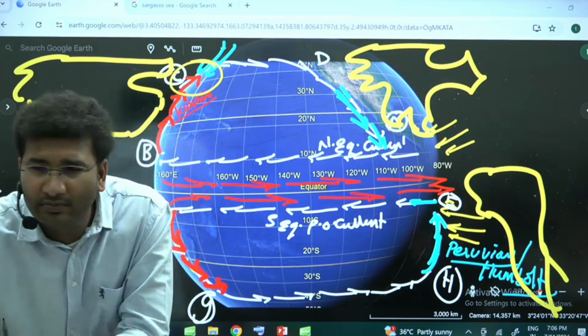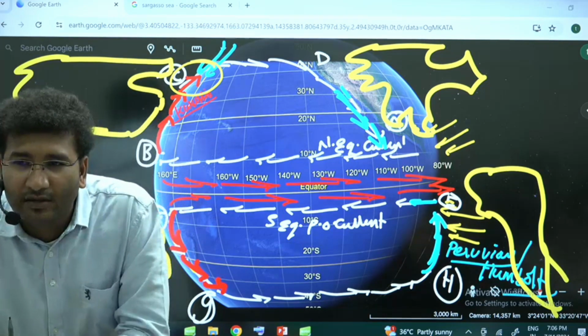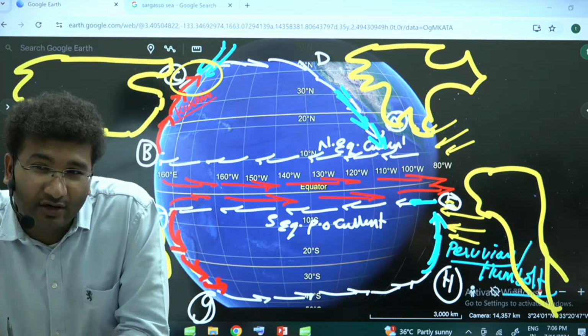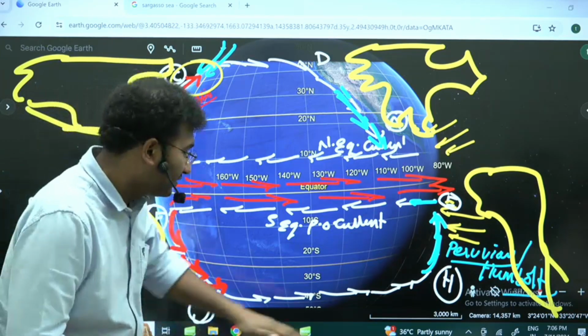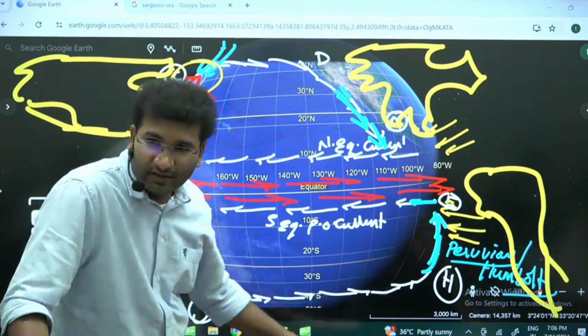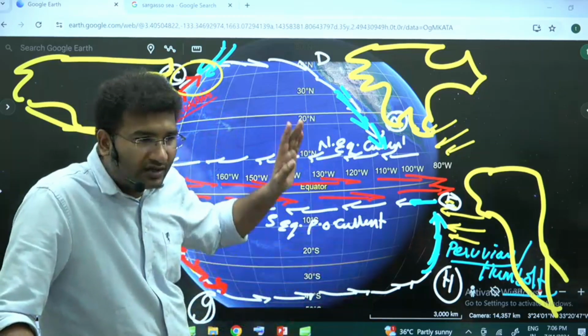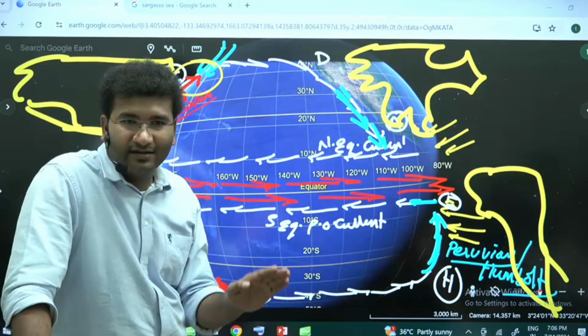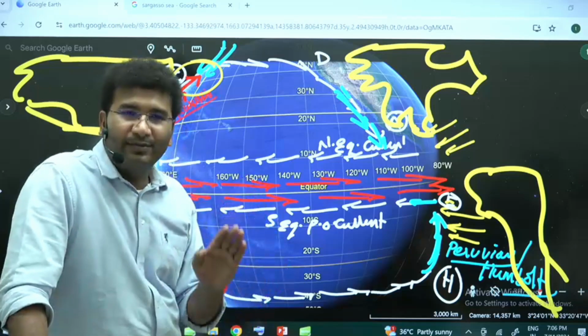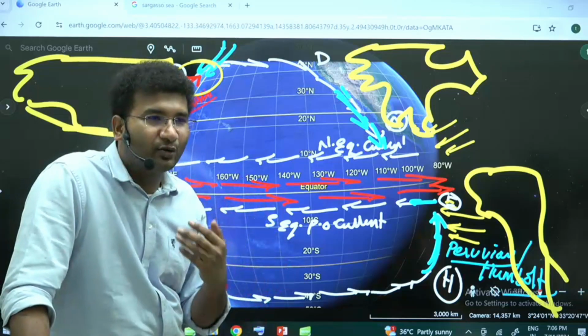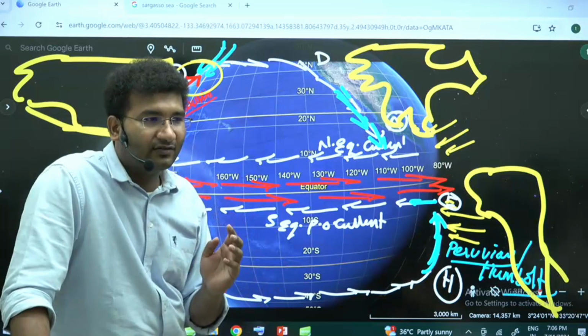No, why warm? But there is another factor called west wind drift. In the south you have the polar region, absence of land is there, west wind drift. So all the currents in the South Atlantic, South Pacific, beyond 40 degrees south latitudes are cold. Why? West wind drift.